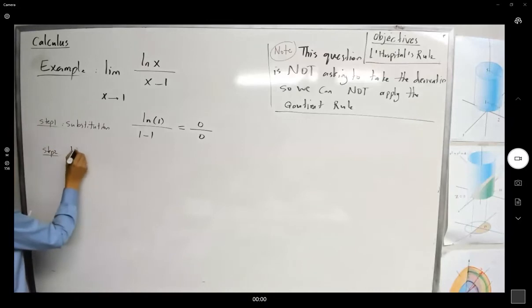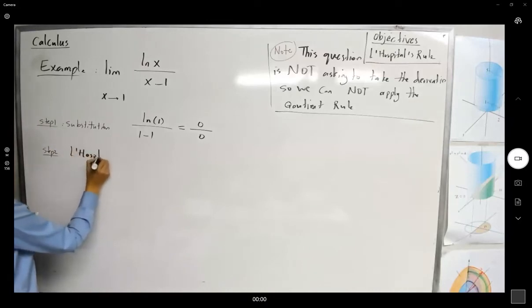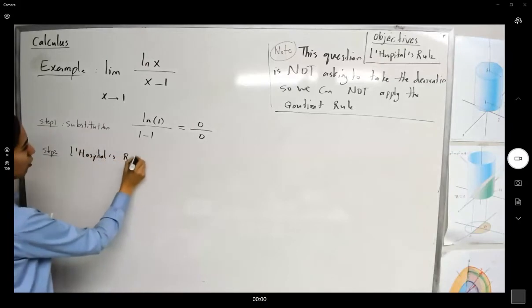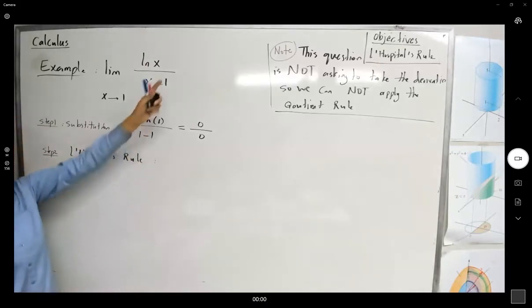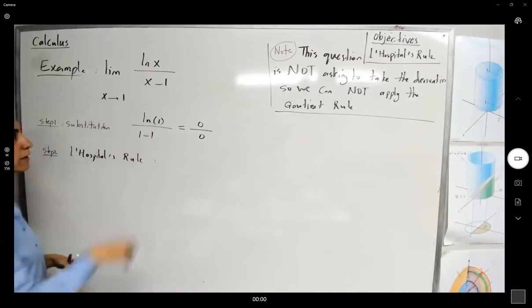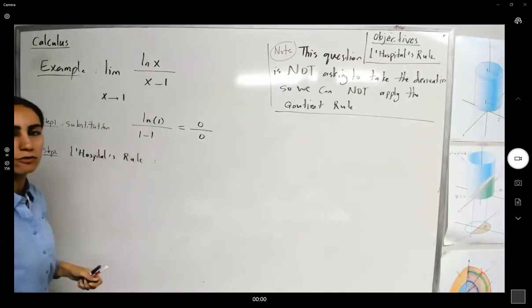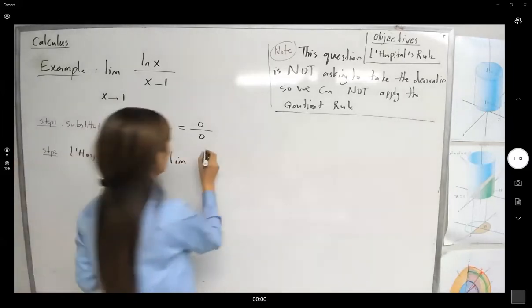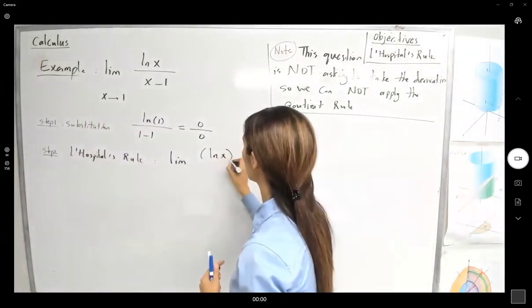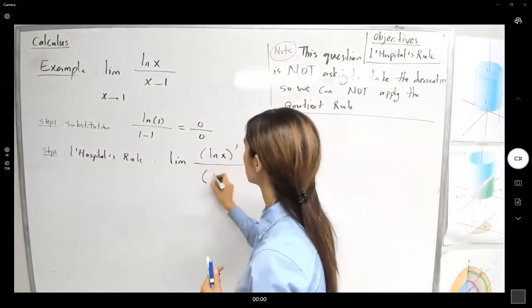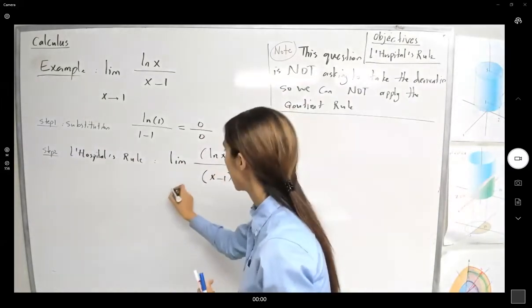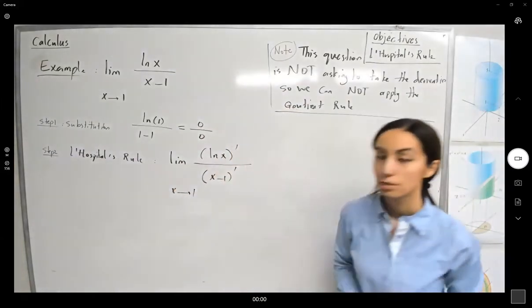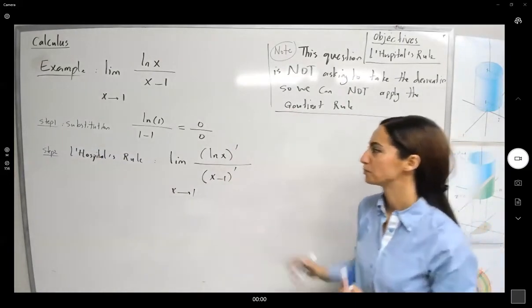L'Hopital's rule says, well, just take the derivative of the numerator, take the derivative of the denominator, then start finding the limit. So this is equivalent to the limit of the derivative of ln of x divided by the derivative of x minus 1. After that, we start sending x to 1.